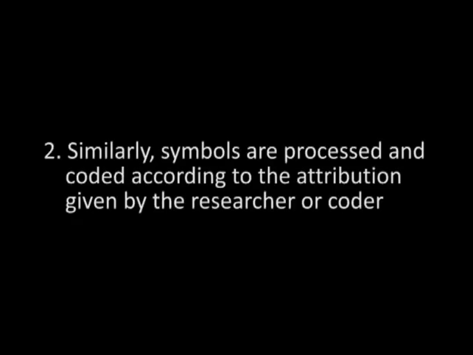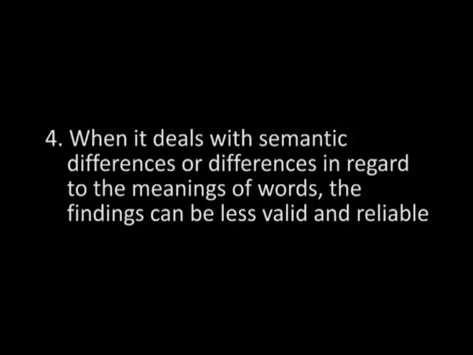What can it not do? Its inferences are limited to the content of the text only. Similarly, symbols are processed and coded according to the attribution given by the researcher or coder. There is no guarantee that the sender or receiver shares the same attributed meaning. When it deals with semantic differences, or differences in regard to the meanings of words, the findings can be less valid and reliable.